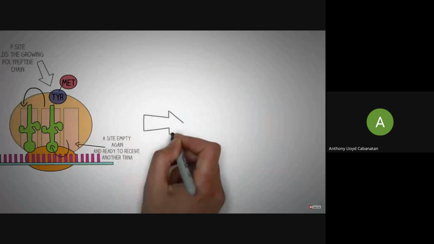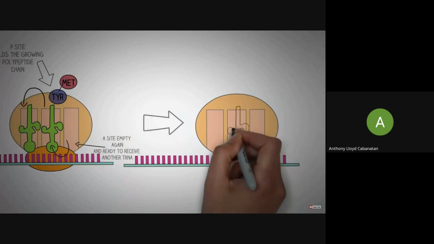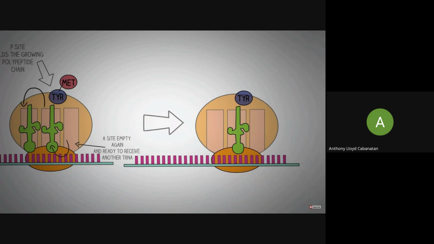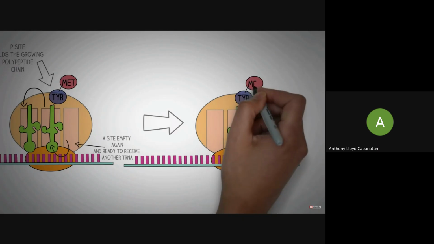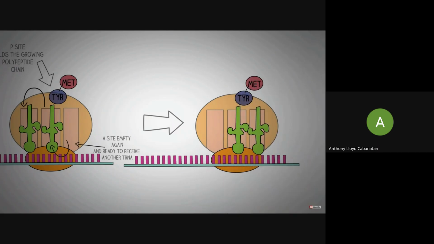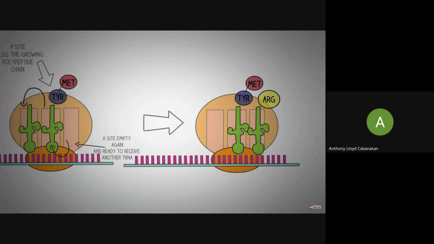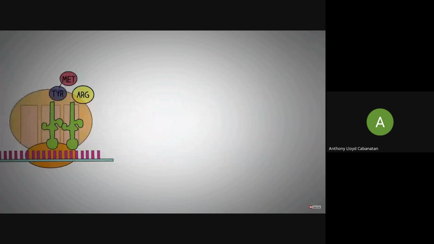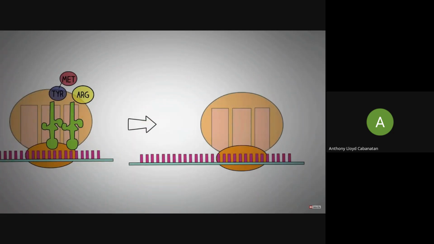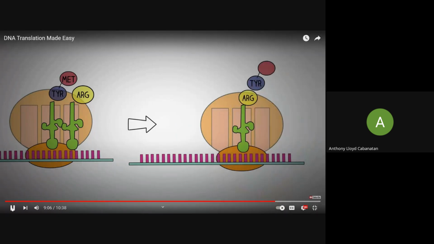This process is repeated again. For example, if the next code is CGU, the tRNA that will enter the A site will have the amino acid arginine attached to it. Next, the bond will form between the small polypeptide chain and the amino acid on the tRNA in the A site. Again, this tRNA becomes empty and the mRNA moves again, repeating the whole process until we get a polypeptide.